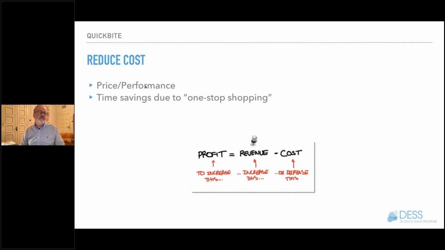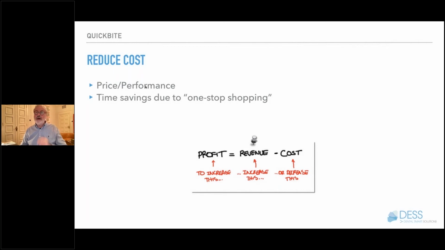There are time savings that you can do due to the fact that with one call, you can order components for many different connections and alternatives that you of course see in your laboratory. The advantage, of course, of the one-stop shopping aspect.